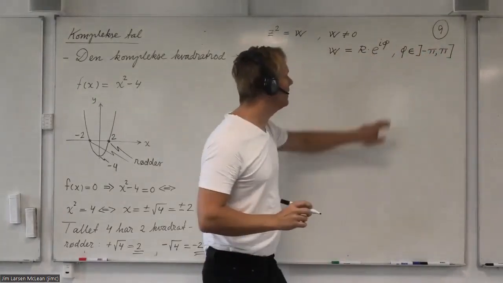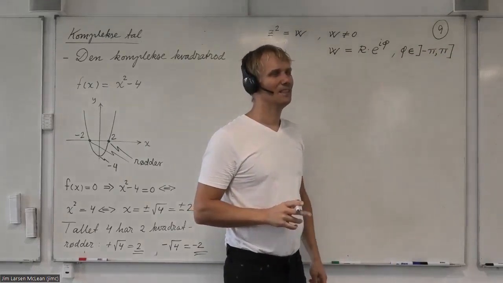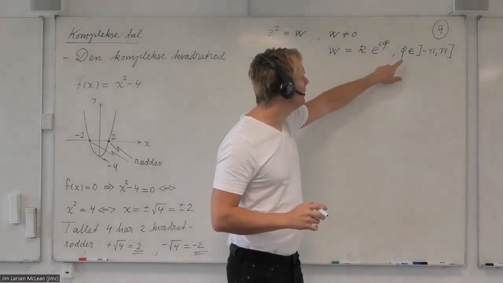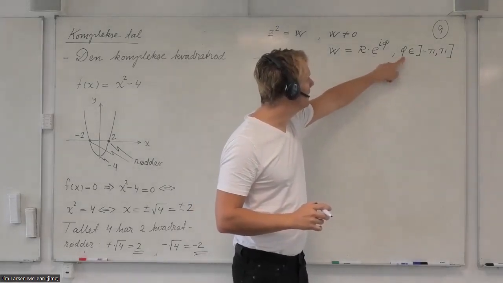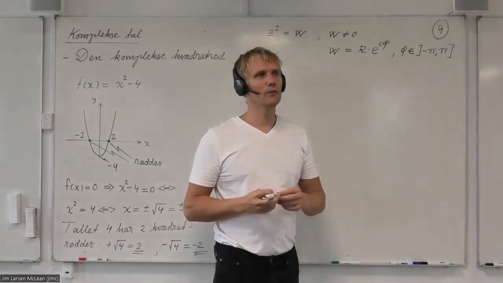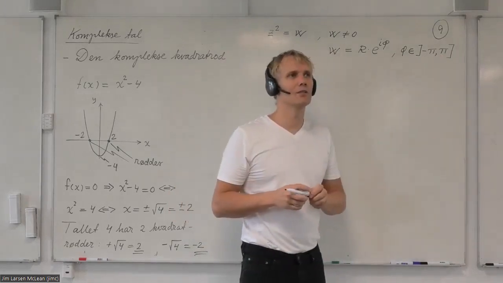What do we call the angle if it lies within this interval? The principal argument. So we've chosen a complex number W, and we have decided to describe it in such a way that the angle is the principal argument. Can we always do that? Yes. Remember that from negative pi to pi is a full circle. So every number can always be expressed with its principal argument.